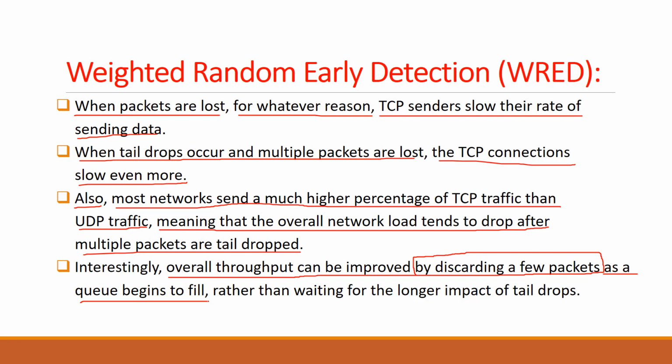So we will use a tool that will randomly drop some packets when the queue begins to fill to avoid this scenario, because if the queue is full, then tail drop will occur, and since most of the network traffic is TCP, the network will slow down. So we will use a tool called weighted random early detection.